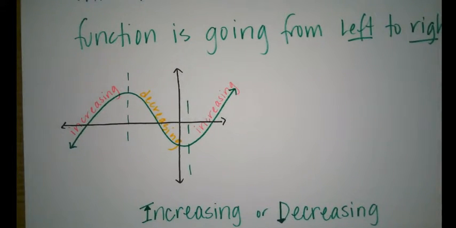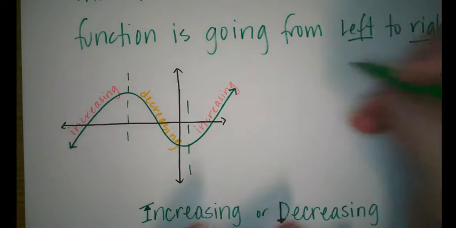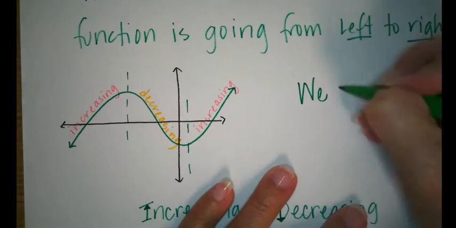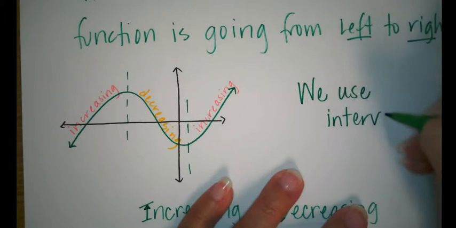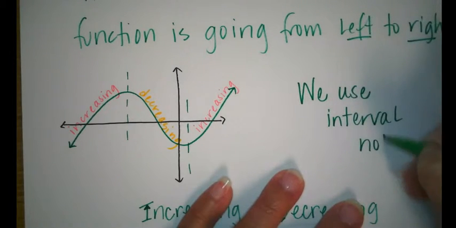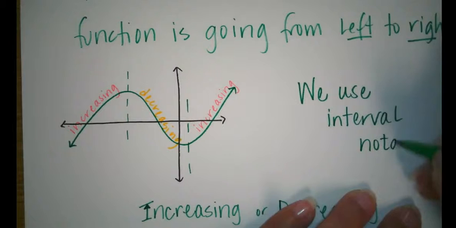So from left to right, we are going to be naming in interval notation, which is the same thing that we used on domain and range.